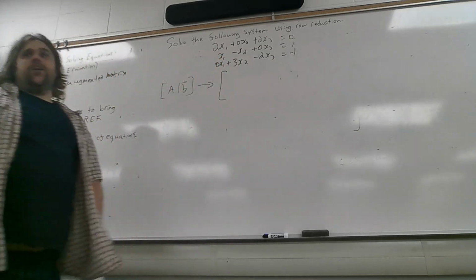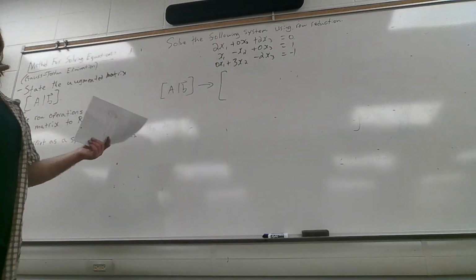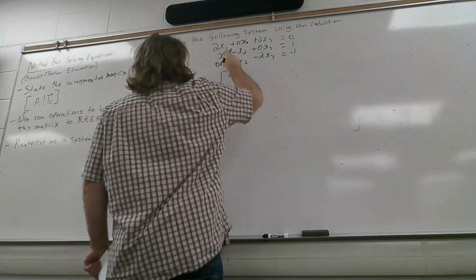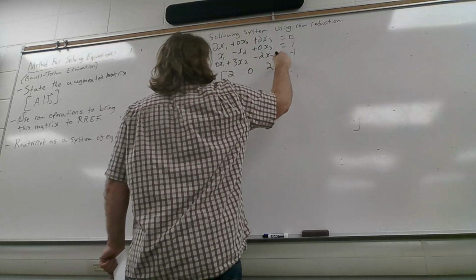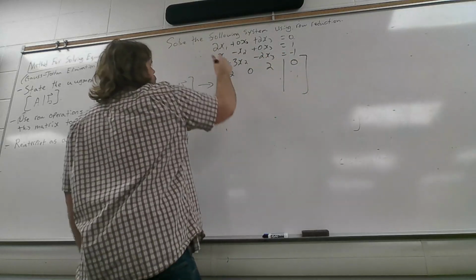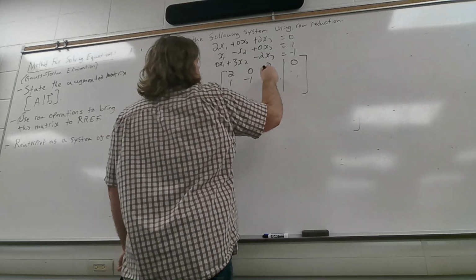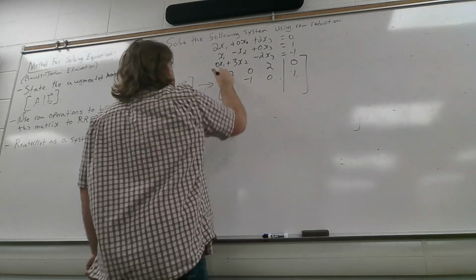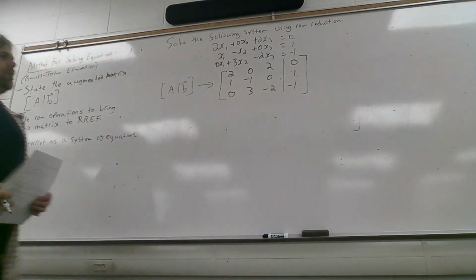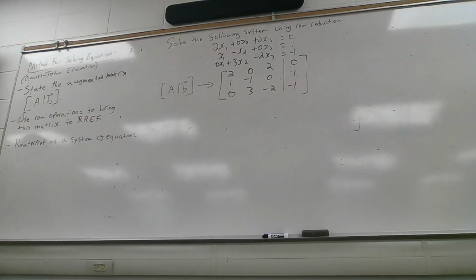If you need it, that's fine too, but I'll usually just leave them blank. But there are zeros there, so 2, 0, 2, do the line, 0. 1, minus 1, 0, 1, 0, 3, minus 2, minus 1. All right, cool. So this is step 1.